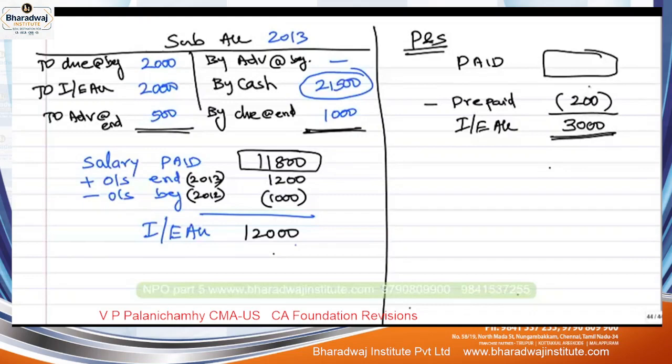Otherwise, reverse working. Going forward we take paid minus prepaid. Going in reverse, income and expenditure account add prepaid, total amount paid is 3,200. Otherwise, logically, the current year's expense is 3,000. How much advance have we paid? 200. Then how much would we have paid in total? 3,200.